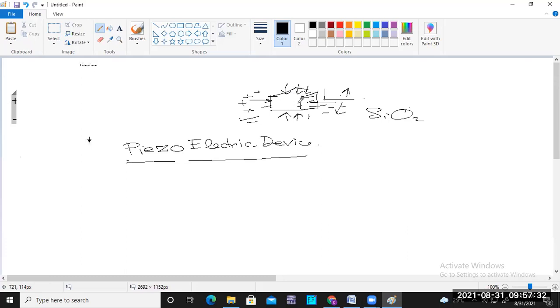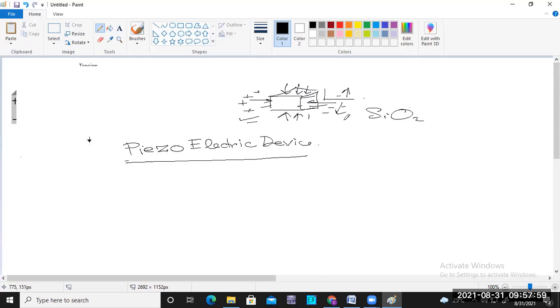This characteristic is applied for making ultrasonic sound, which is used in ultrasonography, ultrasonic level sensors, ultrasonic flow sensors, and the normal buzzer available in our calling bell, which is also made of this piezoelectric device.